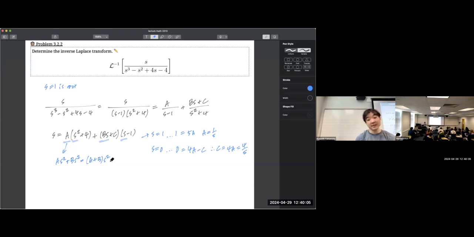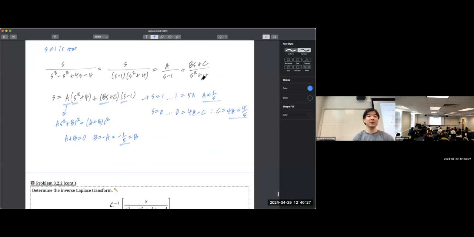So this a plus b has to equal 0, which means that b has to equal negative a, which means it's negative 1 over 5. You should have seen partial fractions like this. If you had an irreducible s squared plus 4, you go one degree lower on top. That's how you would find all these coefficients.